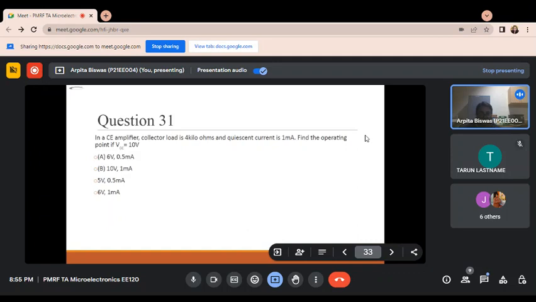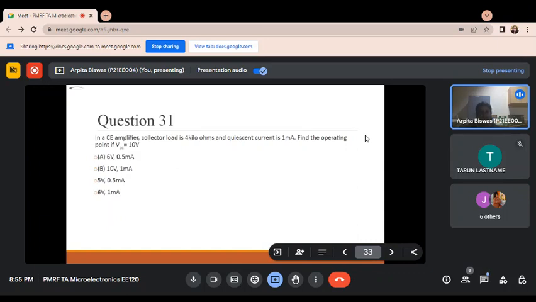VCC is given, which is 10 volt, and the current flowing through the 4 kilo ohm collector load is 1 milliamp.